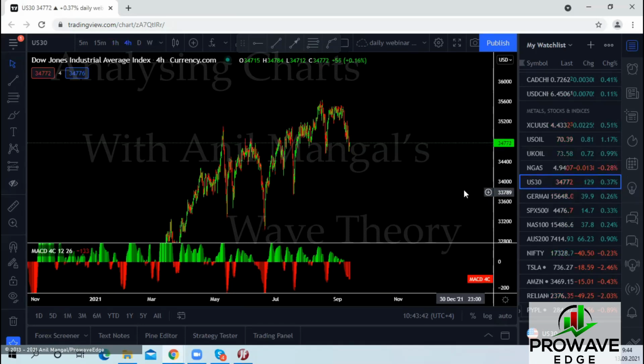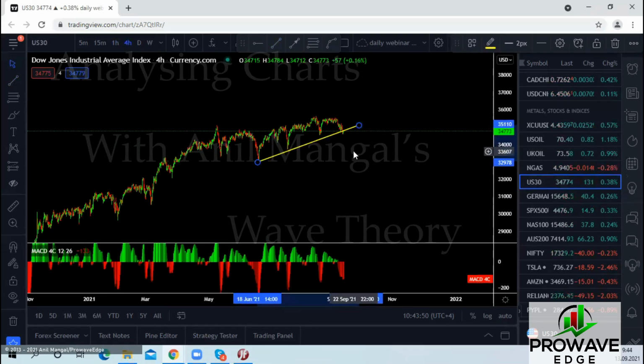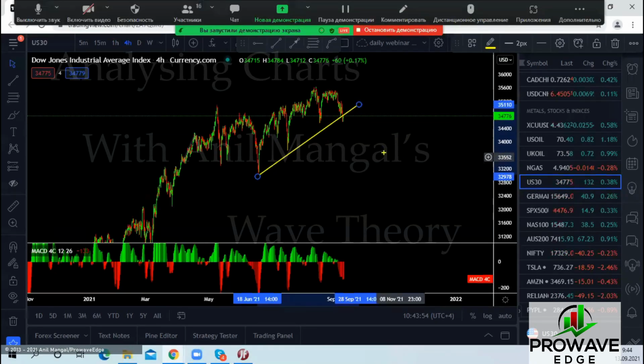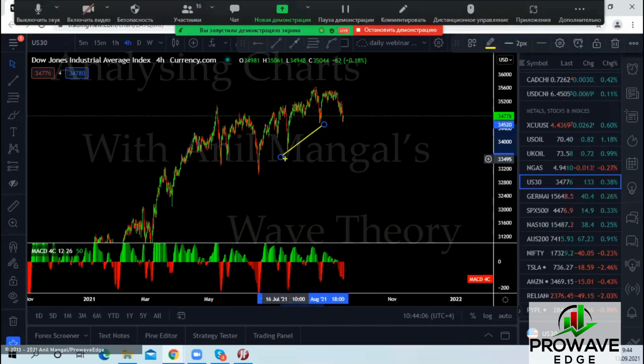US 30. We're still within these structures. Put it like that. And that means if they're going down, this could just be a flat that goes back up. Right? If we look at this as the flat, we never broke that top.